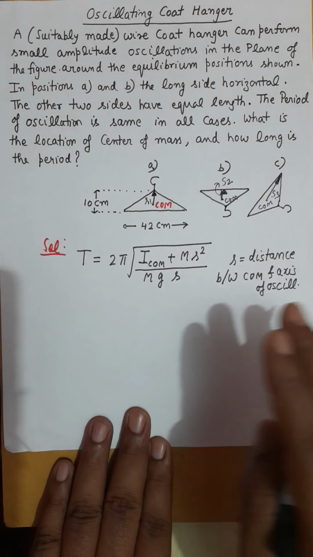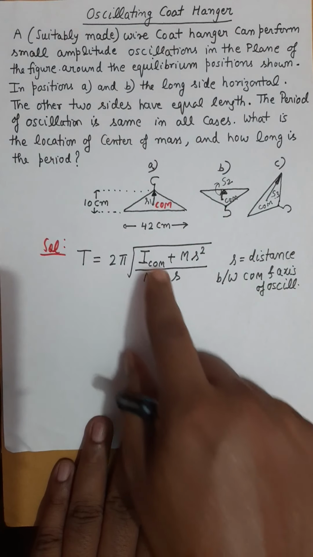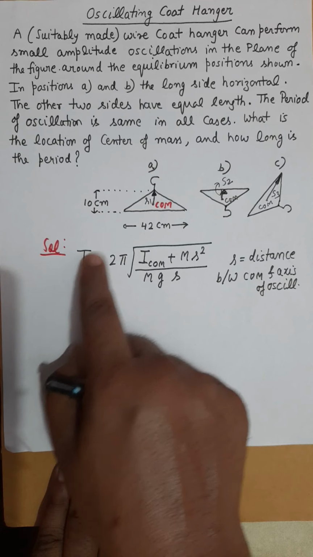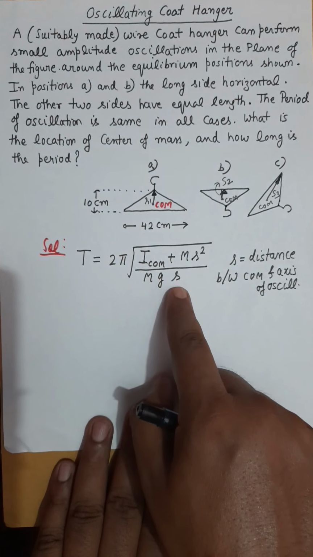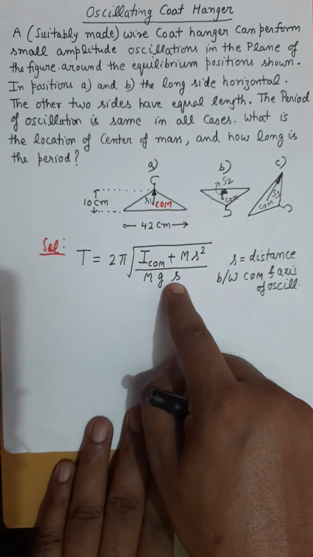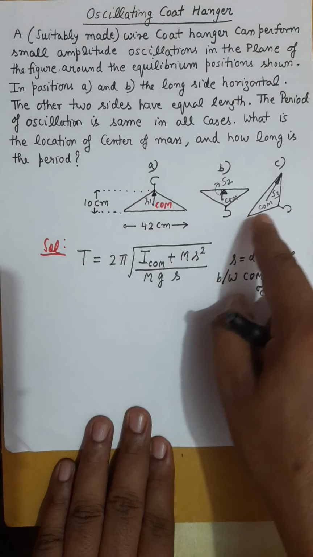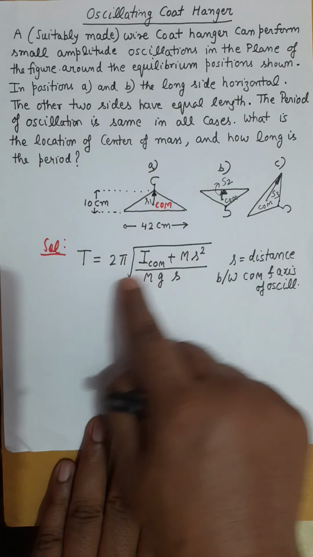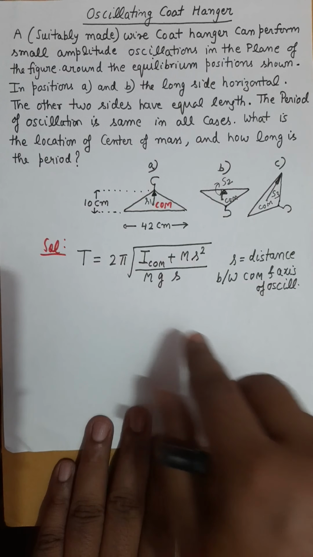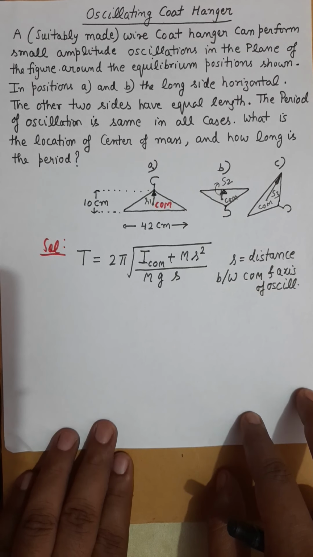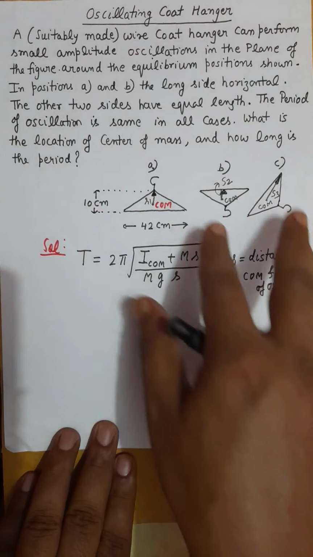Right, so S1, S2, S3. For figure A, while calculating the time period, you will write S1. For figure 2, you will write S2, and for figure 3, you will write S3. But notice, all three values of time periods are equal.